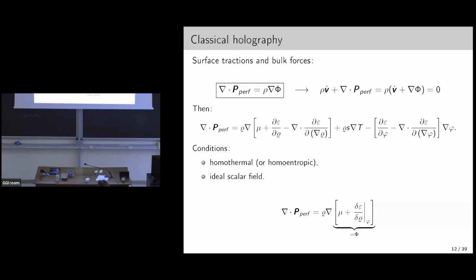Actually, in this case, there are conditions. So we need to introduce homothermal, I mean, homogeneous temperature, and also ideal field equation, so without dissipation. But those are interesting conditions. Finally, we may recognize that it's also a constitutive derivative, variational derivative, surprisingly.